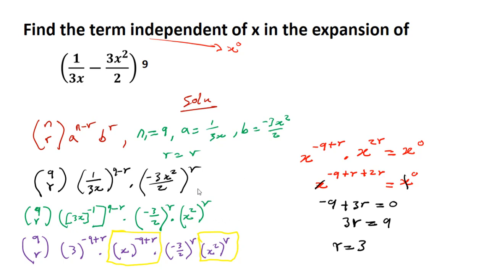So we can now easily replace where there is r, we put a 3. So I hope you guys have followed, and I hope you guys are able to work on this up to this part. Okay, so let me quickly move on. So I'll rewrite the expression, which is 1 over 3x minus 3x squared over 2, open bracket, to the power 9.